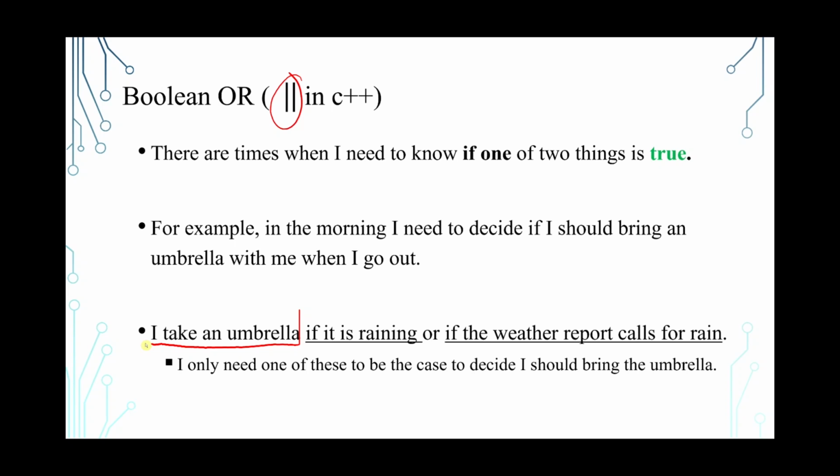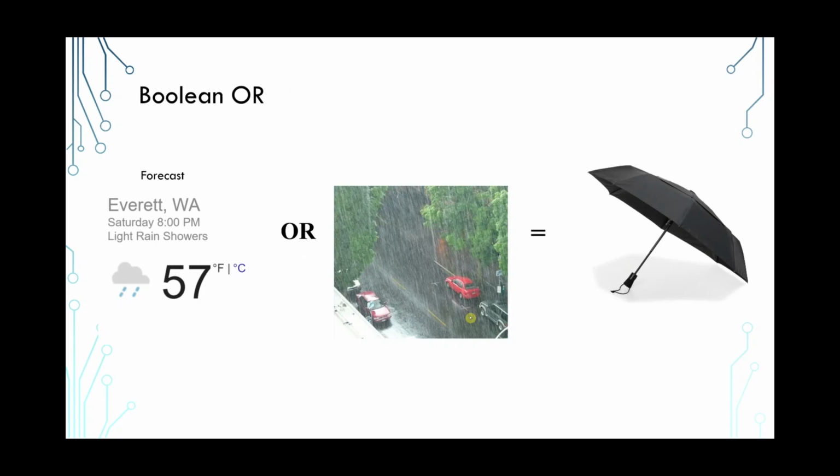If either of them happens to be true, then I will take an umbrella. So I only need one of these two cases to be true to decide to take an umbrella with me.